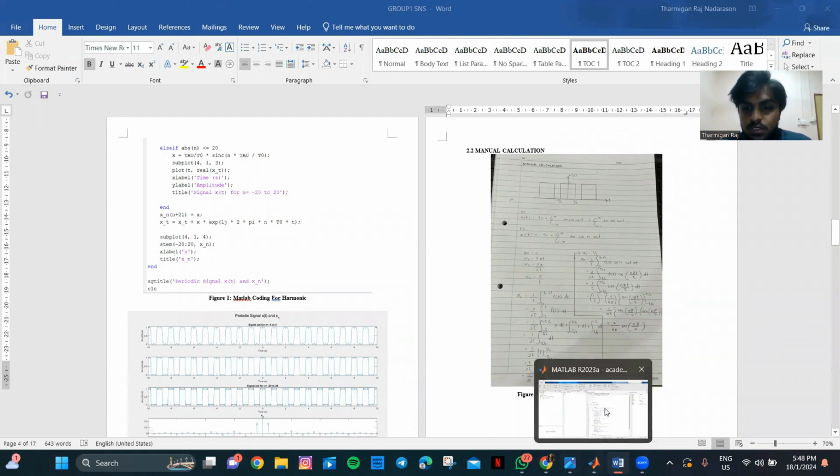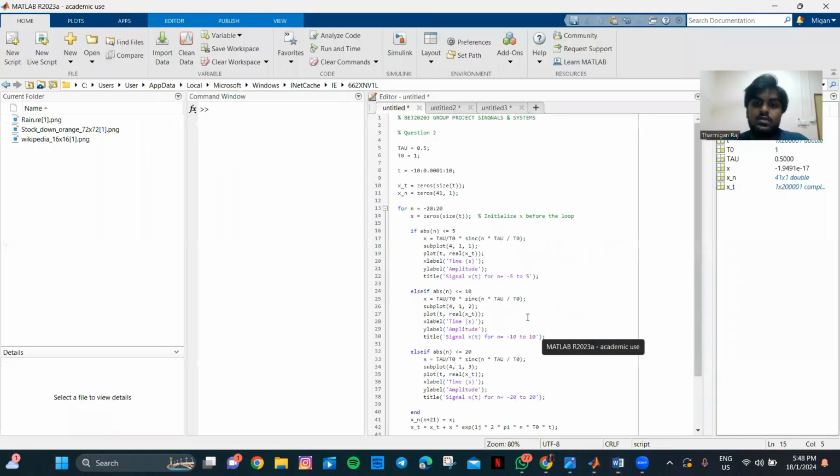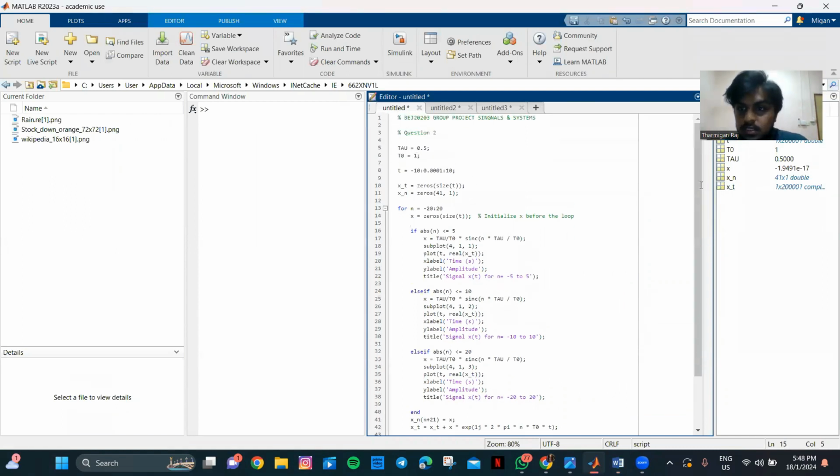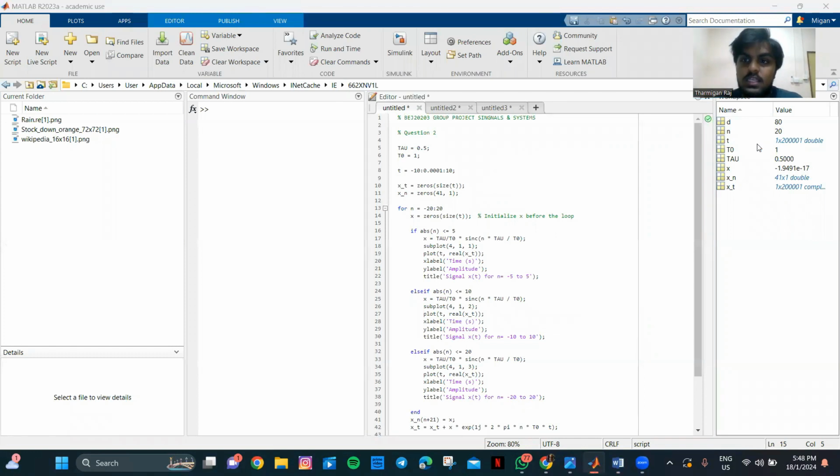So let me show you the code for questions one and two. These are the variables given at the top right here, which are d, n, t, T0, tau, and x, xn, and xt. Let me give you a brief explanation of the code. Tau is 0.5, as I mentioned earlier, and T0 is 1.